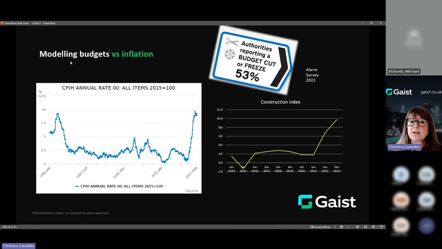Another one that brings in lots of uncertainty: budgets versus inflation. A model that assumes you will get an inflationary increase in line with inflation every year isn't always as helpful as one that enables you to model inflation differently from what your budget might be.